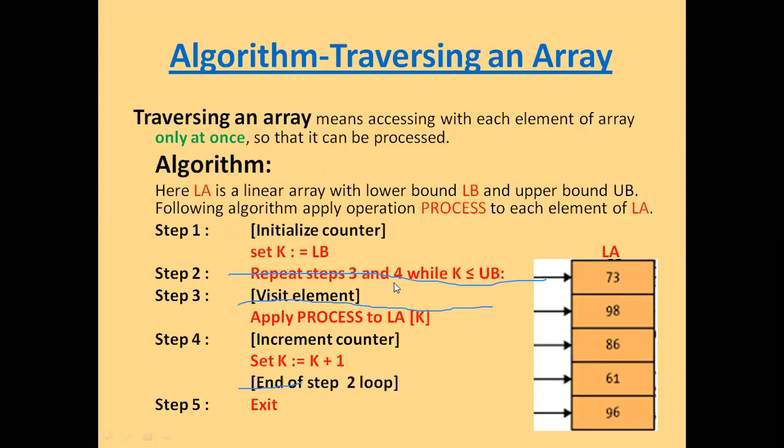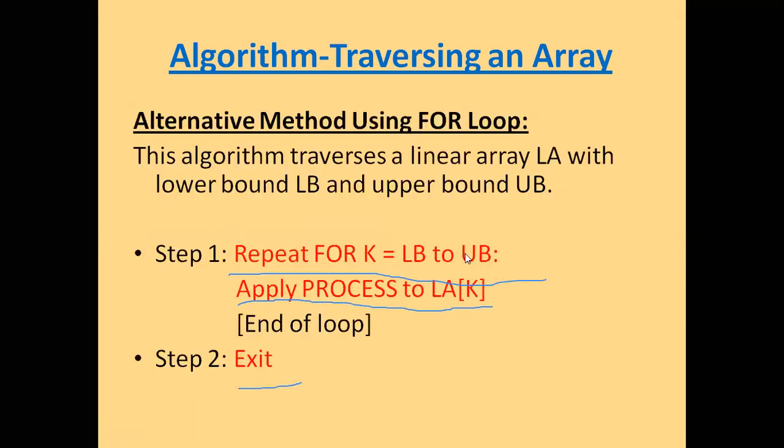Traversing जब भी आते, whichever is convenient, whether with the help of a while loop or a for loop, with any method you can write, you will get full marks. Okay, so the purpose should be there because it's worth half or 1 mark depending on the moderator or evaluation of that year. So this algorithm traverses a linear array with lower bound LB, upper bound UP.